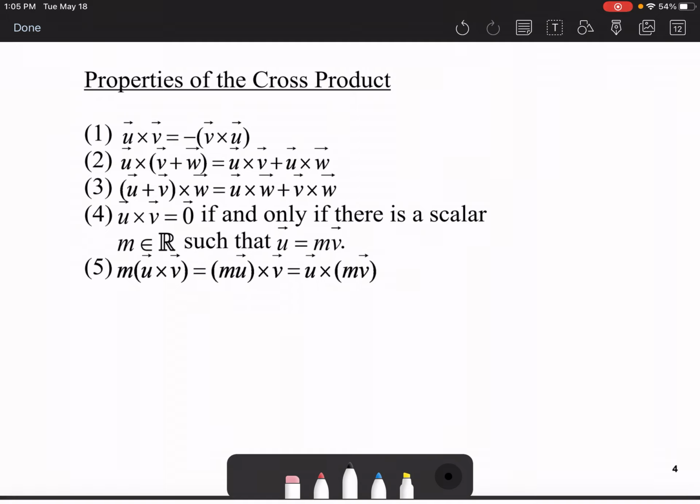If you take the cross product and you find out the cross product actually equals the zero vector, that means u and v are collinear with each other, or u can be described as a multiple of vector v. And it is, again, associative. So it doesn't matter if you multiply the constant by the cross product or by any part of it and then apply the cross product afterwards.